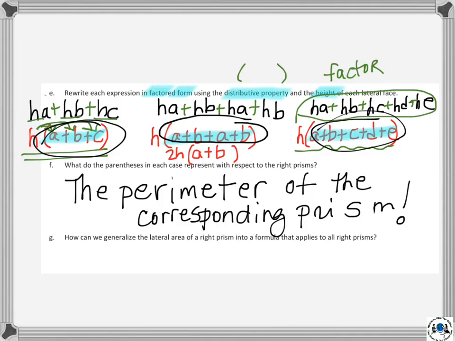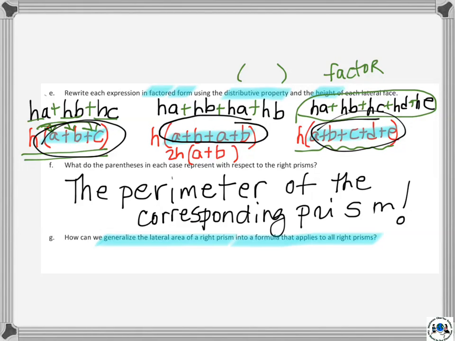So let's go ahead and look at this G here. G asks us, how can we generalize the lateral area of a right prism into a formula that applies to all right prisms? So again, we are always trying to find some level of shortcutting in math.